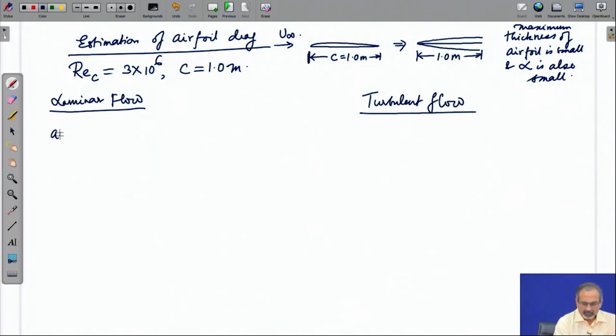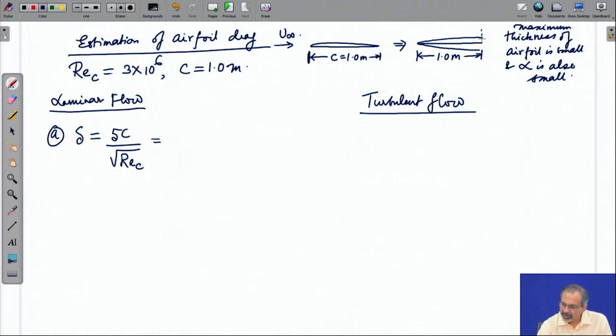So, we had earlier discussed this result, that the boundary layer thickness for a laminar flow would be given by 5 c by under root Re_c if this delta is being computed at the trailing edge of the flat plate.